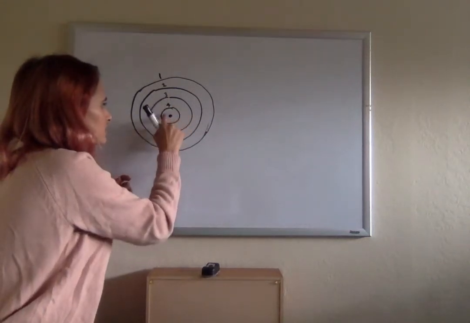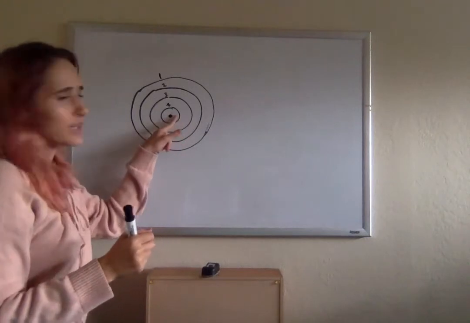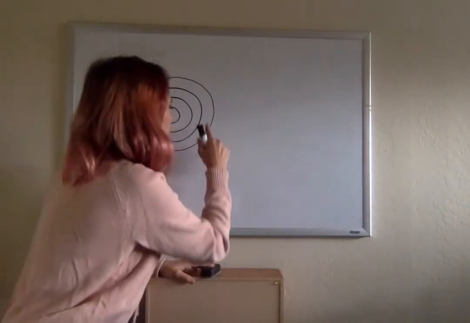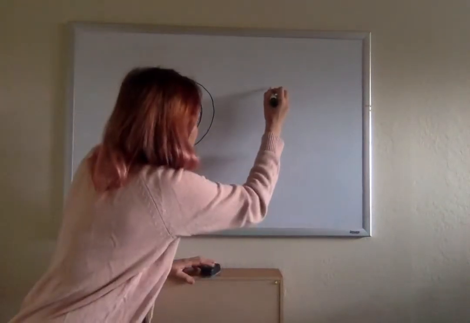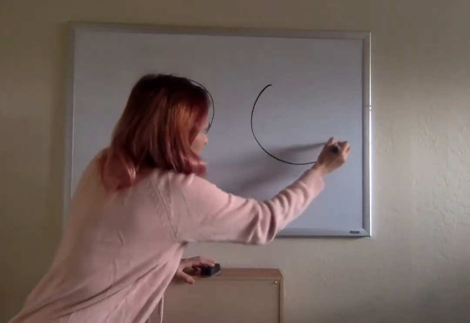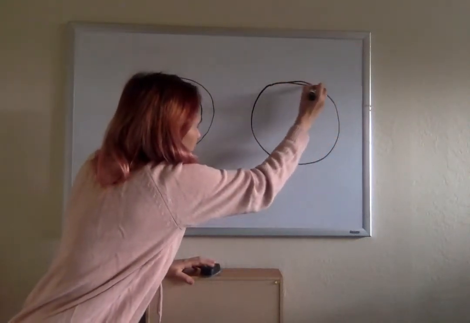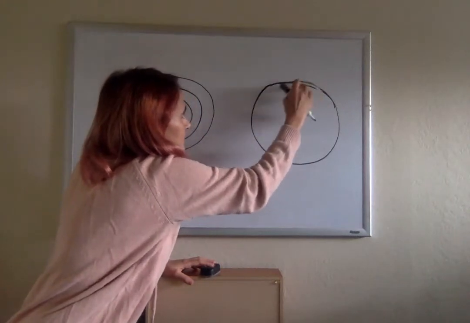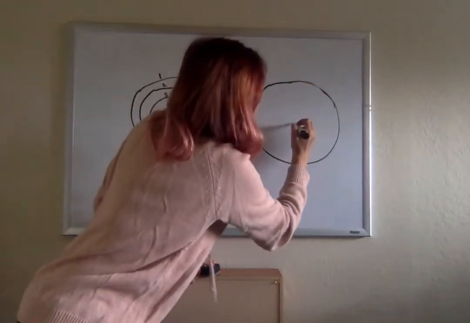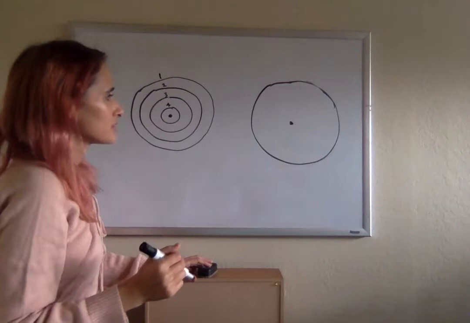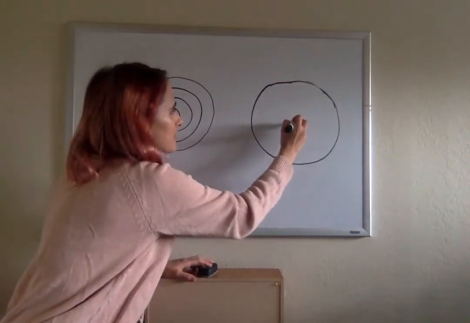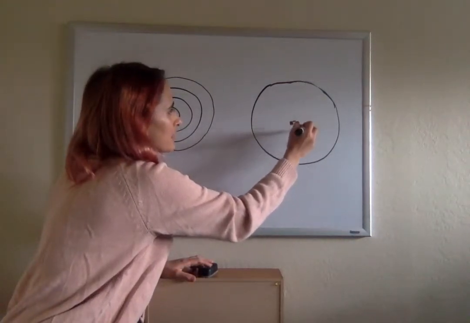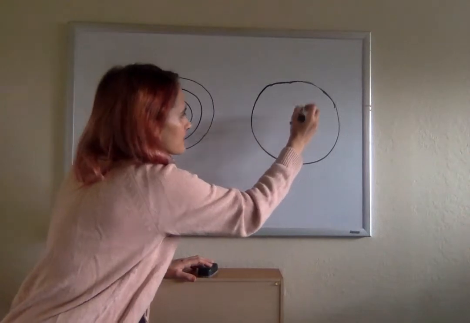But what if he's moving? So he's going to send his first one out. And it's going to go out in a circle based on his original spot. But then he moves, and by the time he sends out this second wave, he's right here. So this one's going to go out in a circle based on this new spot.